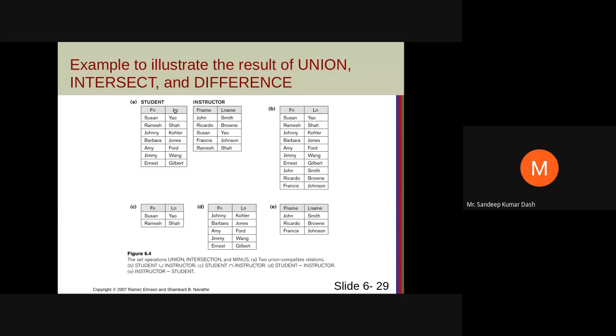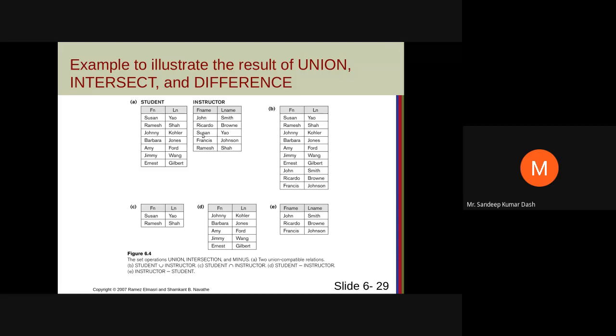Similarly, student intersection instructor is here. Whatever is common, those two rows which we eliminated in the union, Susan Yao and Ramesh, are the intersection. Then what is the difference? Student minus instructor: all those which are common are eliminated, showing only the data from the left side.